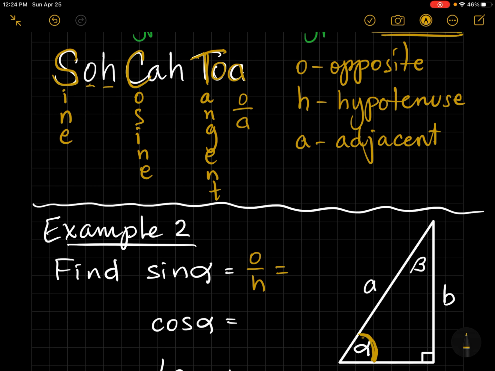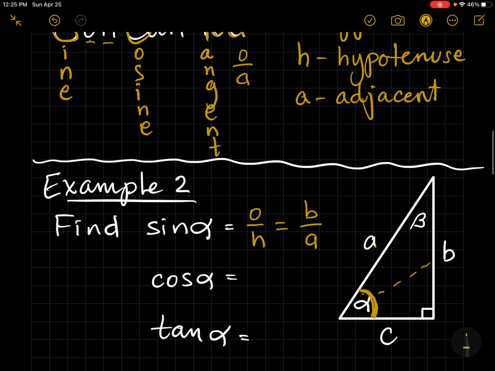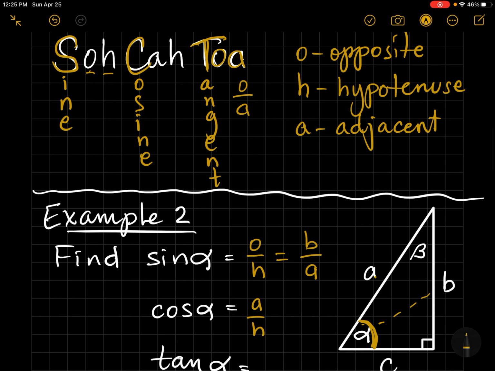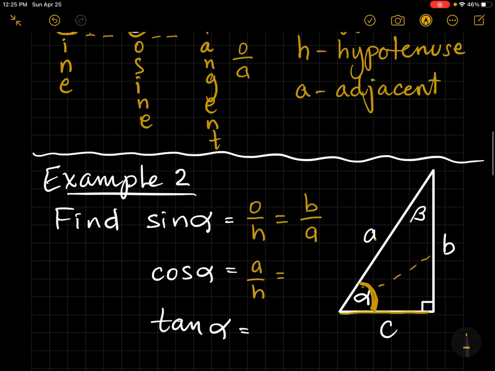So I go to alpha, and opposite is B and hypotenuse is A. So for this triangle, the sine of alpha is B over A. For cosine, that means I want adjacent over hypotenuse. So I go to alpha, the adjacent side is C, and the hypotenuse is still A.